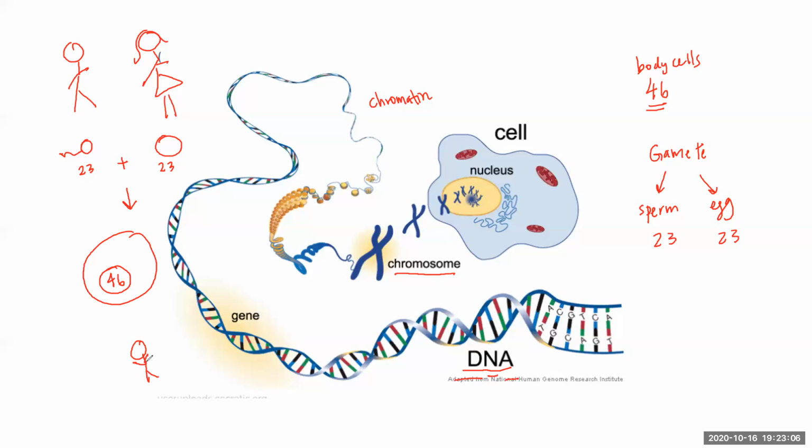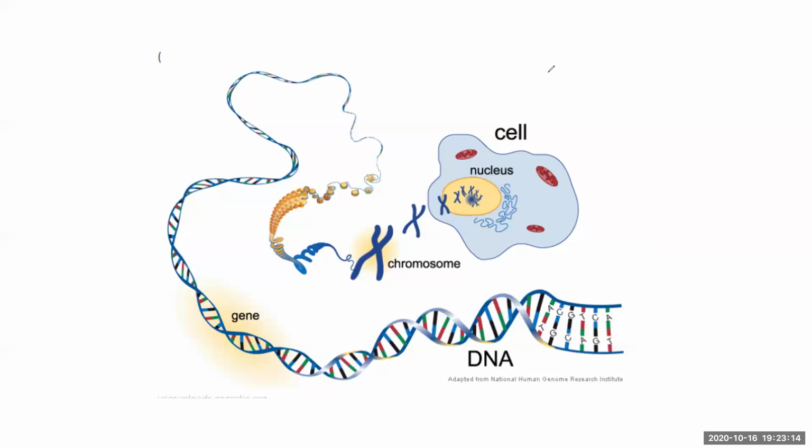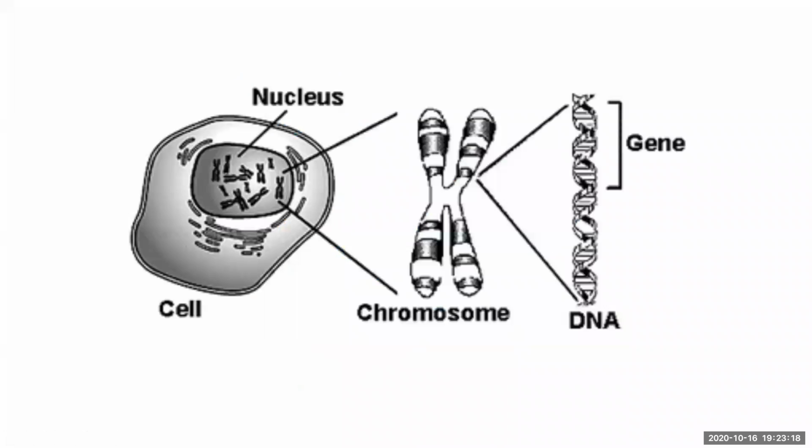Now, let's look again at this genetic information. Where does the word gene come in then? As I've just said, in our nucleus, when the genetic information is arranged beautifully, this is called a chromosome.